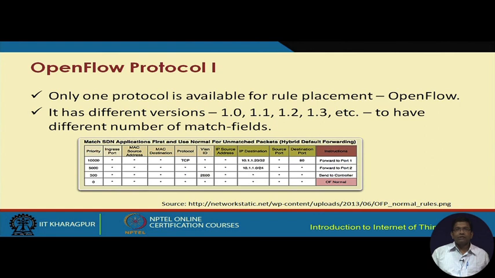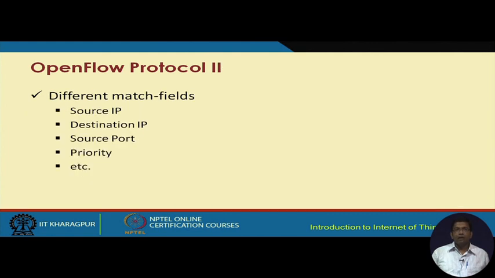OpenFlow versions have different numbers of matching fields, but in a particular version of OpenFlow these fields are fixed. There are different matching fields: source IP, destination IP, source port, priority, etc., and in a particular version these fields are fixed, as I already mentioned.